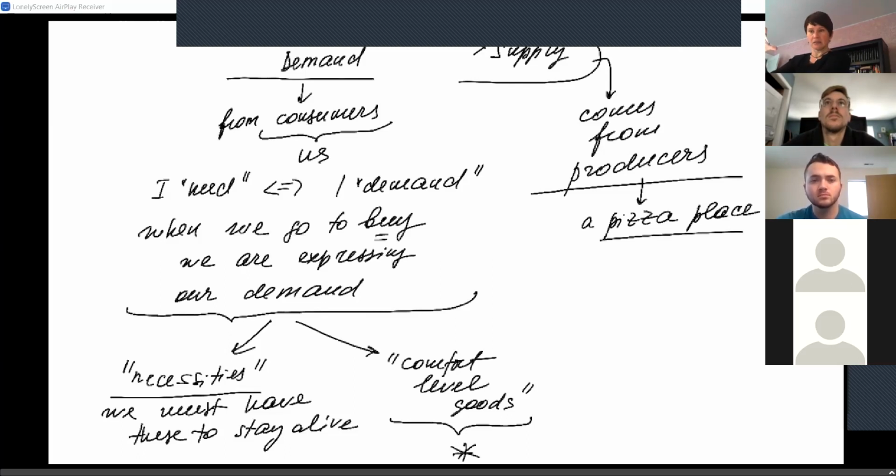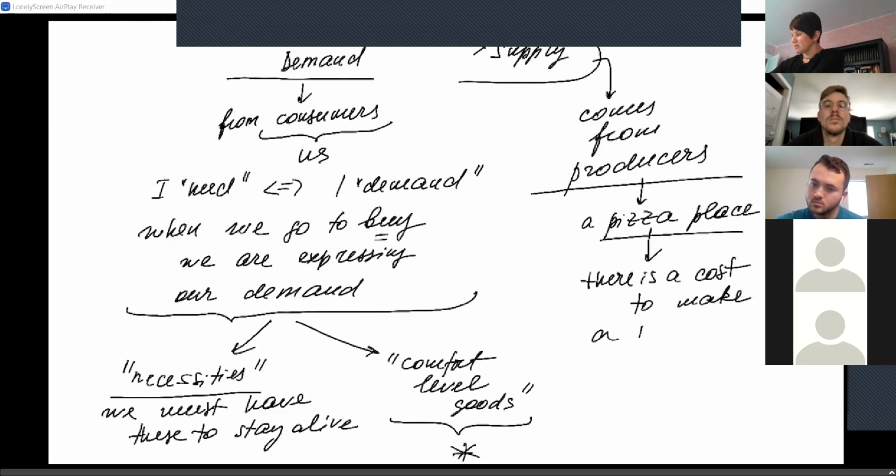All of that, making a pizza happen, is going to cost a producer some money, okay? There is a cost to make a pizza happen.